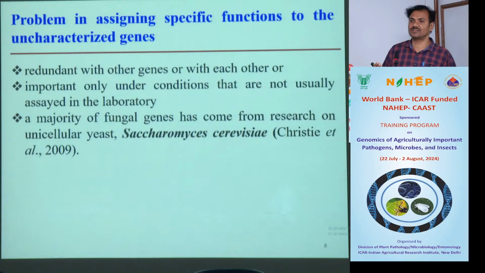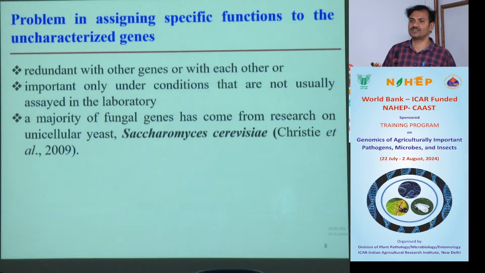Now, okay, we have got this genome sequence, we have got many genes, but we could not predict the functions of all the genes. What could be the reason? Because the genes may be redundant. Redundant means when they are associated with other genes, they may not be having any function. When they are alone, they will be having function, or the conditions in which we are testing in the laboratory may not be suitable for the gene to express, and so we are not able to identify it.